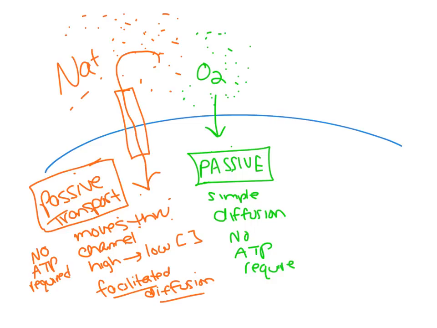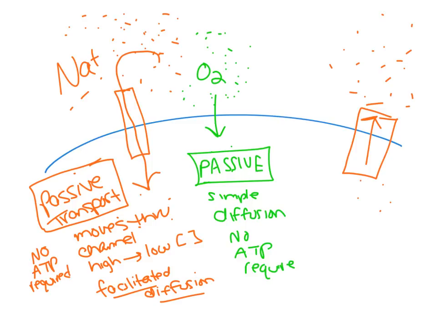Lastly, and this is the one we're going to spend more time talking about, there could be a situation where you have, let's say, tons of sodium over here, and not a lot over here. And let's say you want to keep moving sodium in this direction. How do you do that? Then you need a membrane protein, but it's not just a channel.